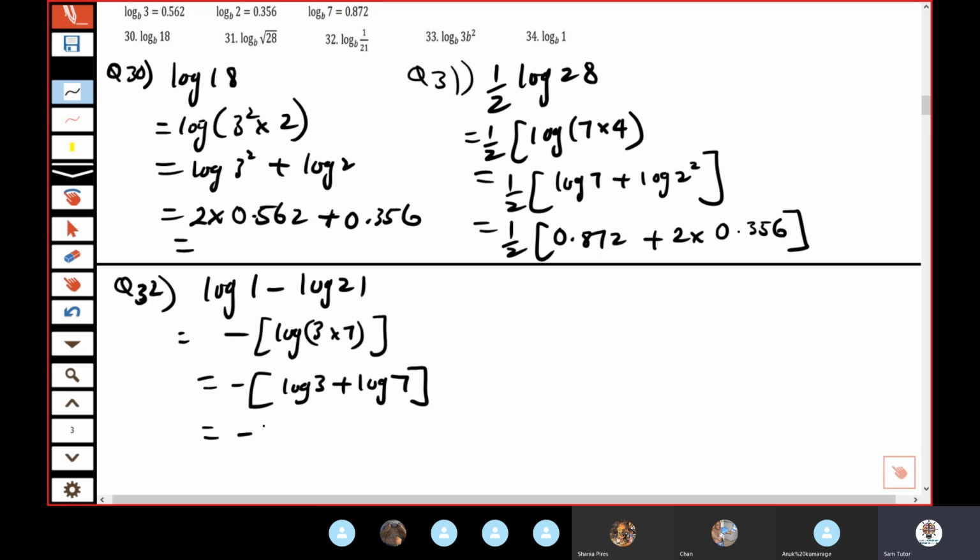So log 3 is 0.562 plus 0.872. And you just plug that into your calculator as well. Anyone completed 33 already? Alright, I'll just pause there.